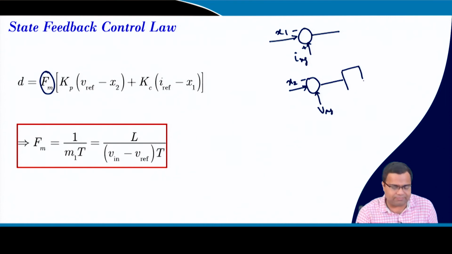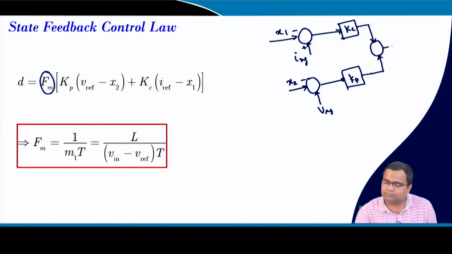Here we have Kp, here we have Kc, and they are added up, and that is directly compared with the ramp, and that is generating my gate signal.